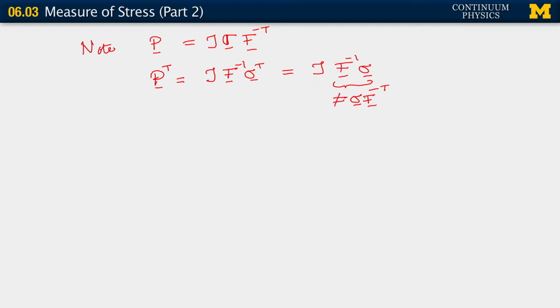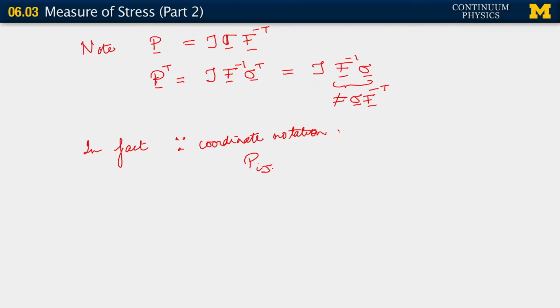In fact, because of the fact that P has one leg, since coordinate notation reminds us that we have P capital I capital J, right?